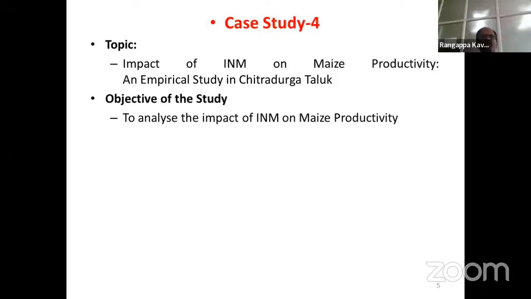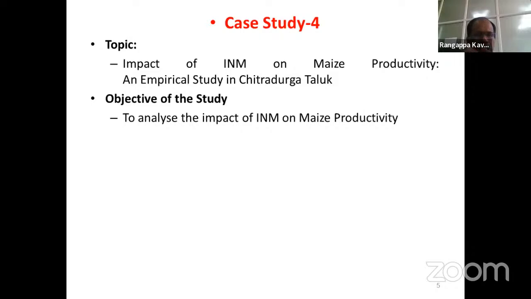See, the fourth case is like this. Impact of integrated nutrient management, INM, on maize productivity is the study. It is a research study. And remember, most of the cases I have taken from either some research articles or some unpublished PhD thesis.